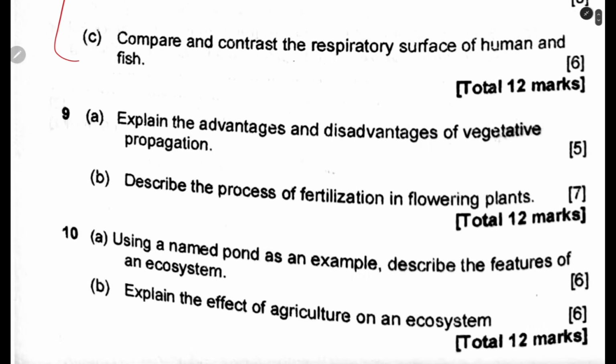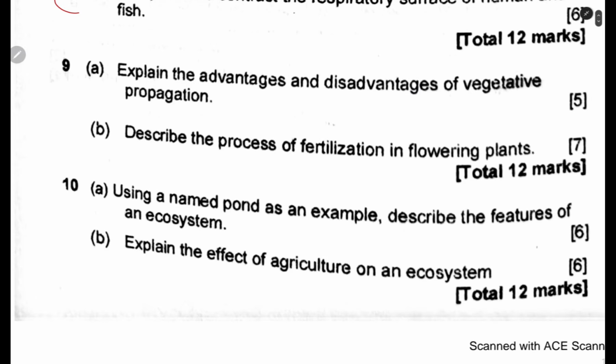Then question 9 was, explain the advantages and disadvantages of vegetative propagation. This is only reproduction. So look at how the question comes on reproduction. So you might want to check out this information. If you know it already, well and good.